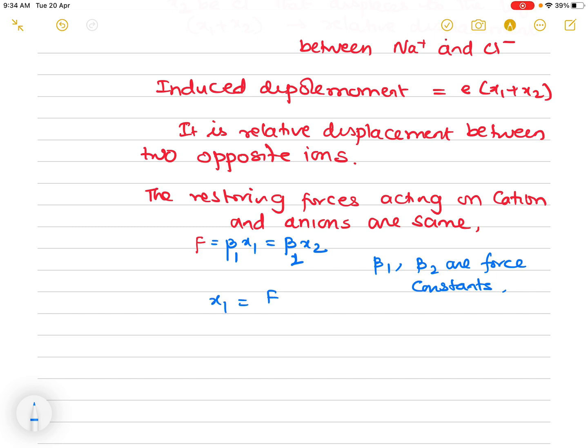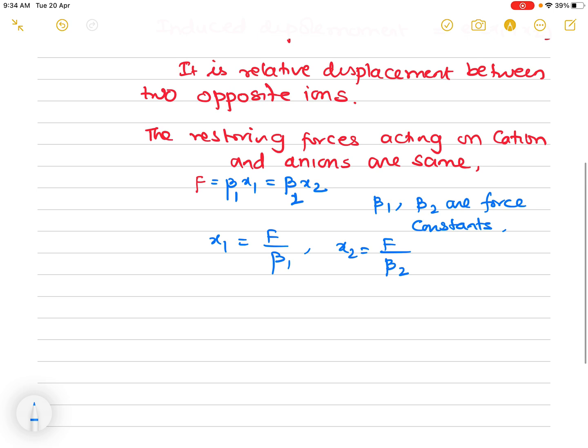F by beta 2. Therefore, the induced dipole moment P is equal to e times x1 plus x2, which is e times F by beta 1 plus F by beta 2.